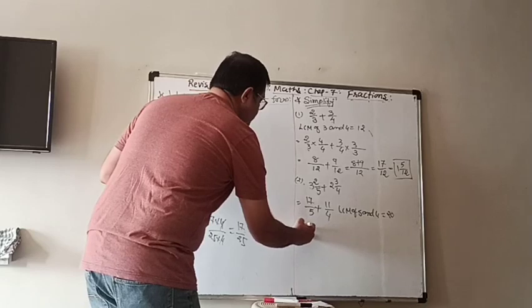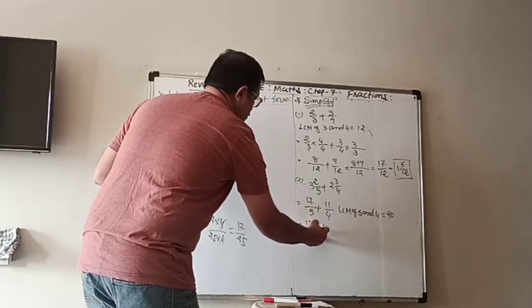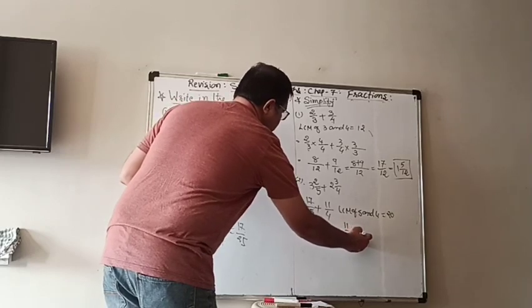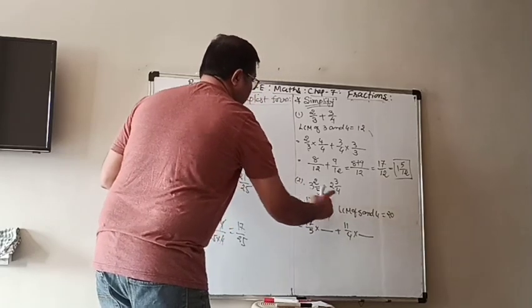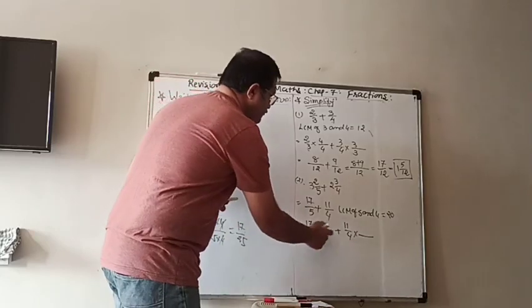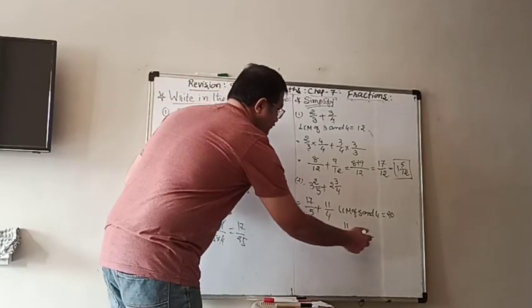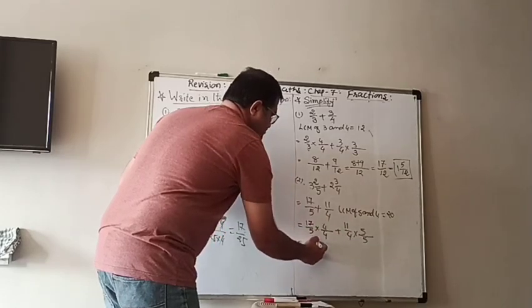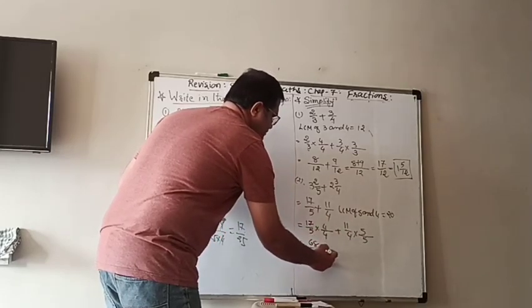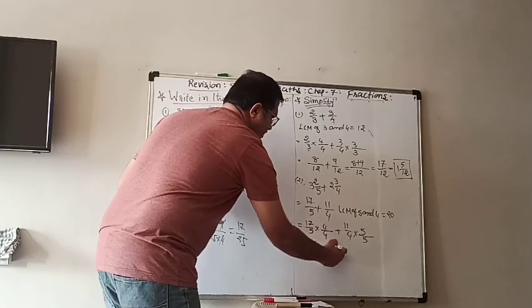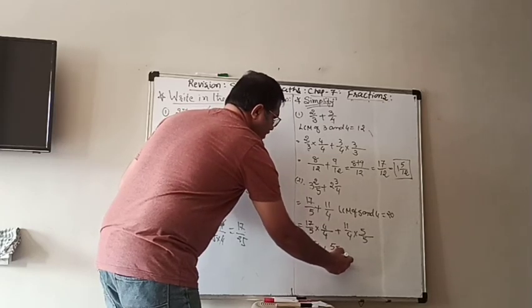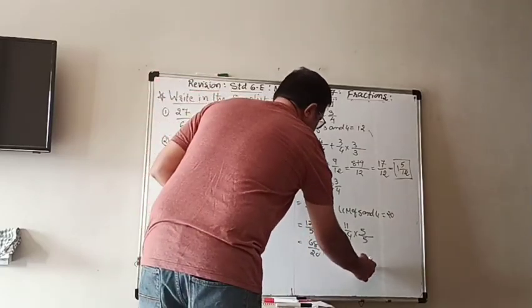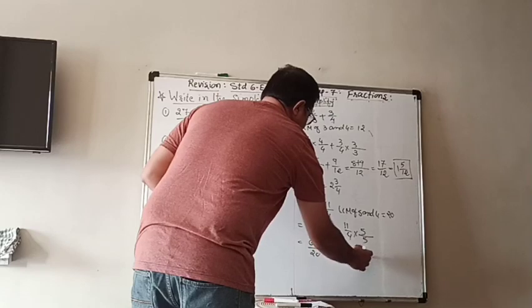So now 17 upon 5 multiplied by something plus 11 upon 4 multiplied by something to bring 20. So 5 4s are 20 and 4 5s are 20. So 17 4s are 68 upon 20 plus 11 5s are 55 upon 20.